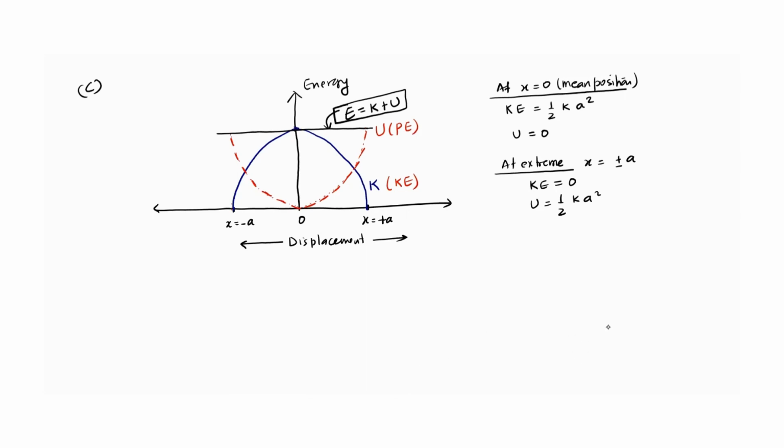Now next, the sketch of energy with time. So let's see the sketch of energy with time. Time t and energy. We know when we add kinetic and potential, we get total energy.